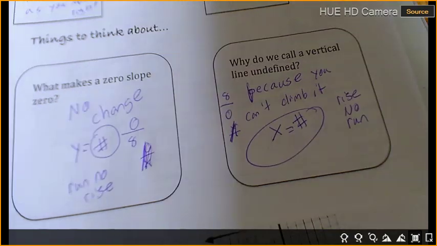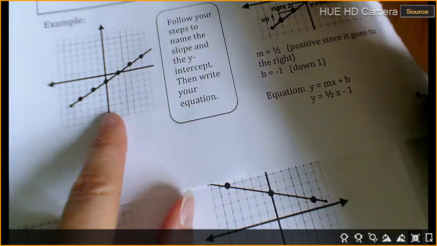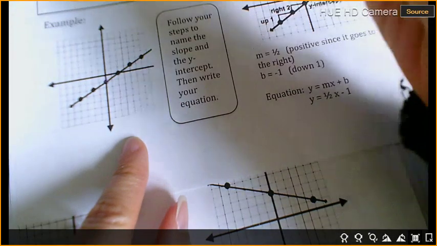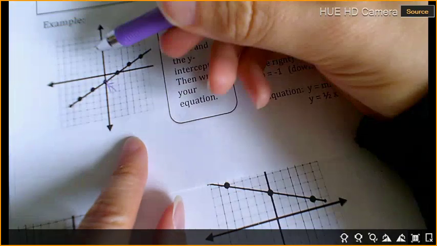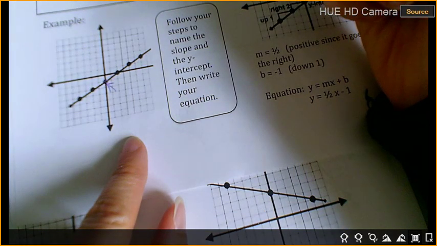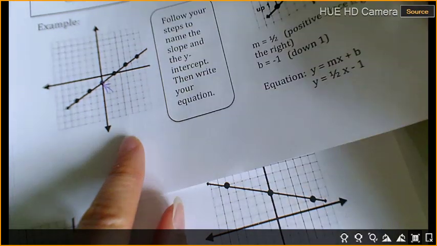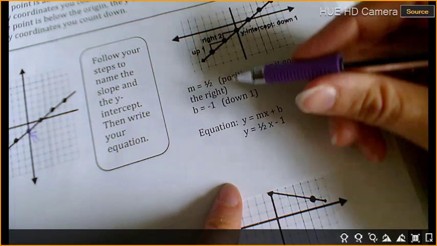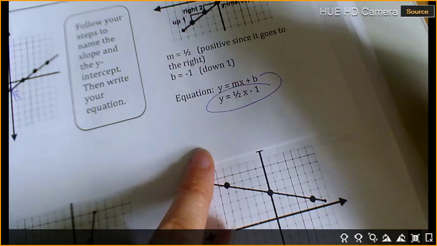I just read this whole part, so we're going to look right here. So we've got a y-intercept right here. Everybody see that? It's below the x-axis, so that's why it's -1. If we go to the next one, we go up 1 over 2, up 1 over 2. That's how we get our slope of 1 over 2.